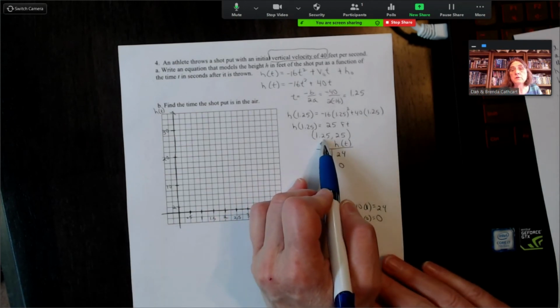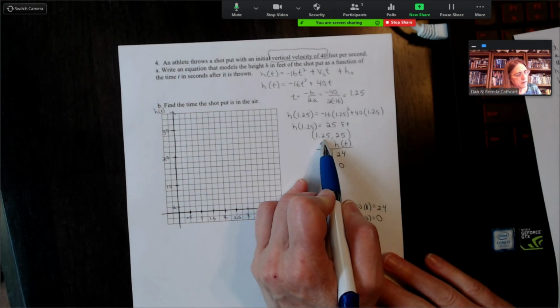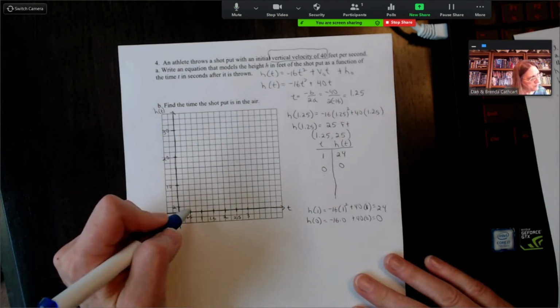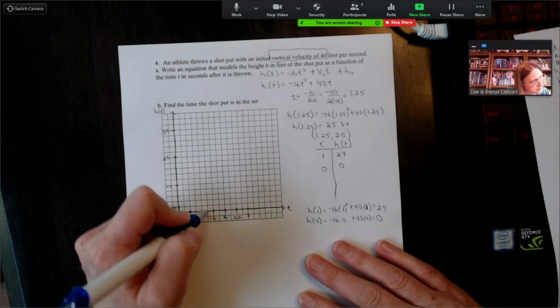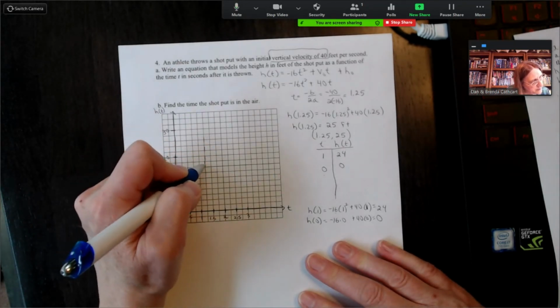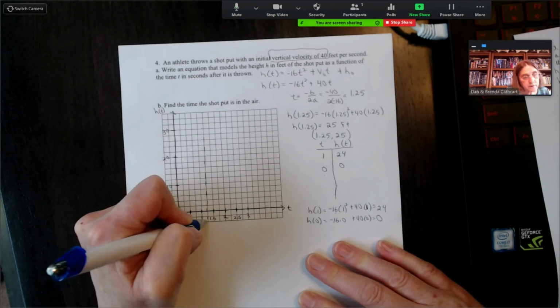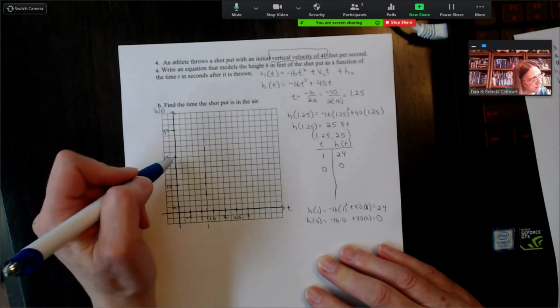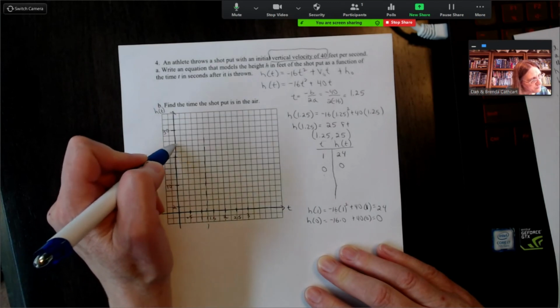We always start with our vertex and our line of symmetry. So our line of symmetry is at 1.25, 1.25 seconds on our graph. And it's a height of 25. So, 1.25, 25.